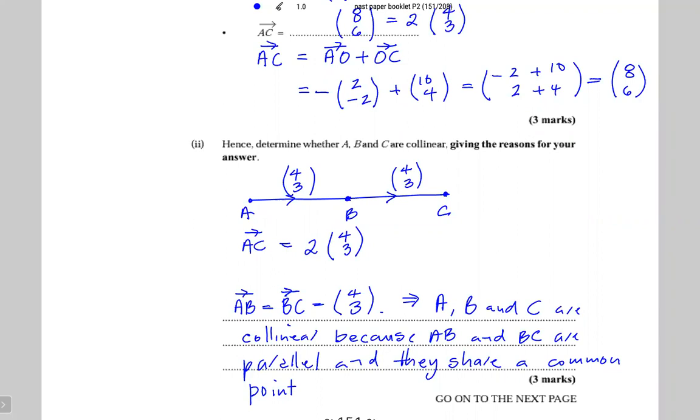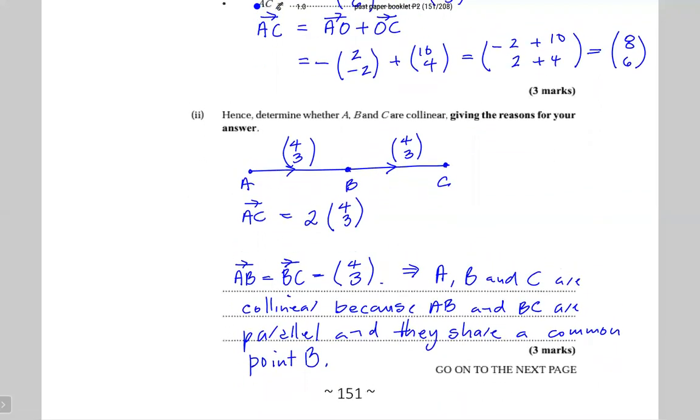The common point that they share is B. So you have AB and BC. They're parallel and they share a common point. Therefore, the three points are in a straight line. The vectors AB and BC are parallel, and they share a common point B. Therefore, A, B, and C are collinear, or they are in the same straight line.